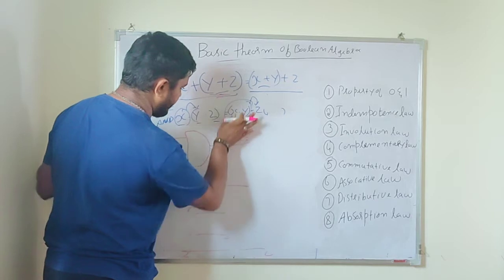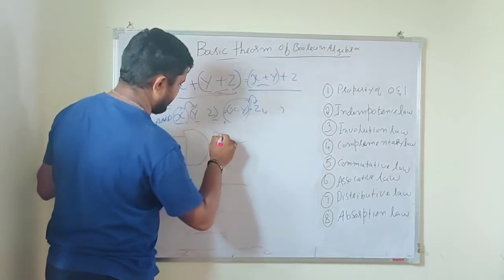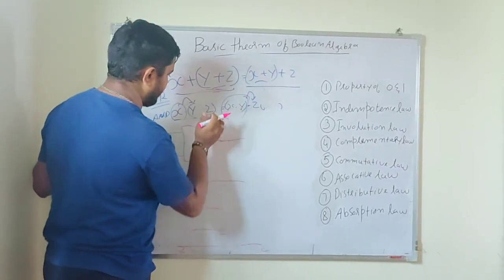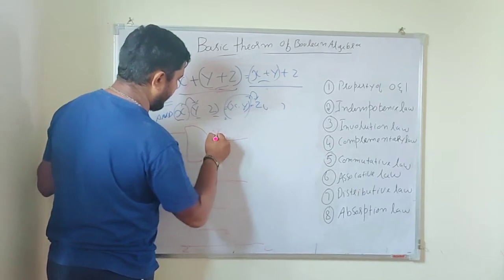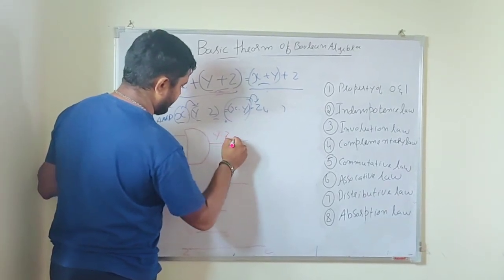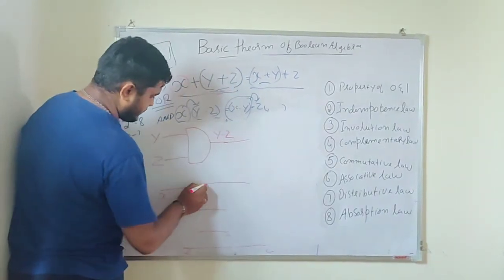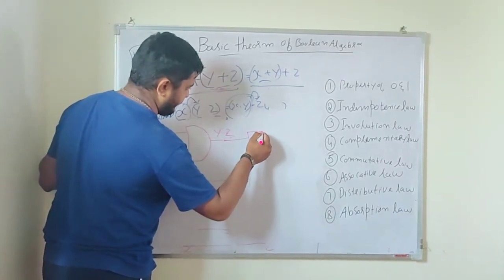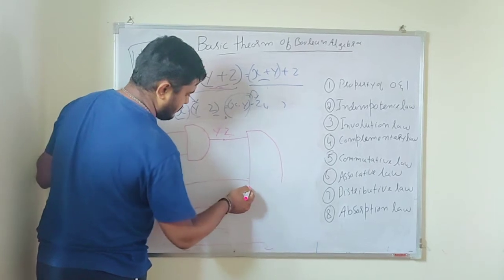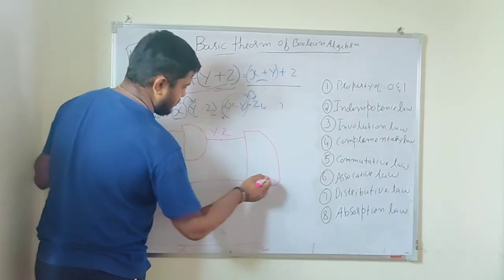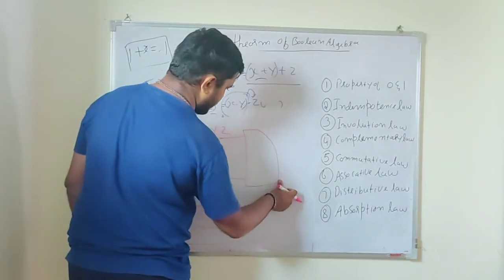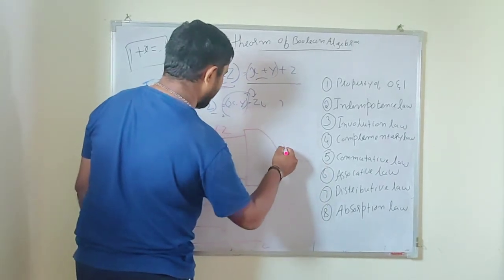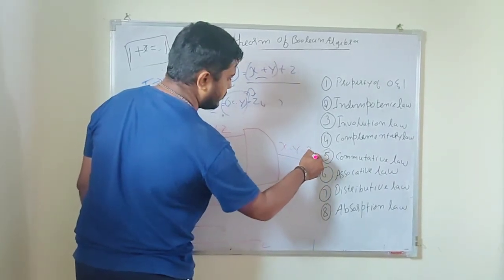So what you write? X, sorry, y into z. So here y into z. Again you have an x. So what you get? You get an AND gate over here. So you write x into y into z.